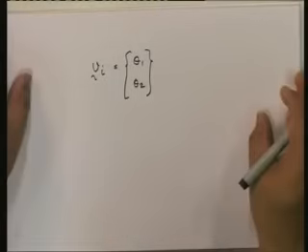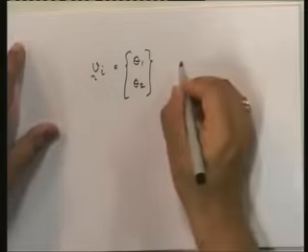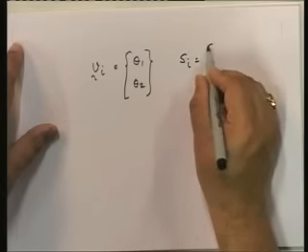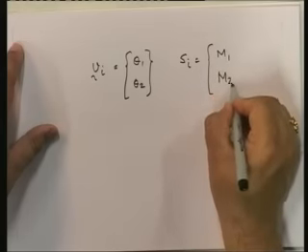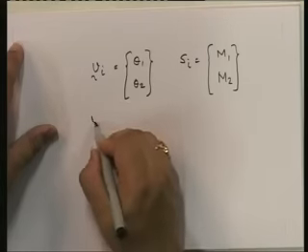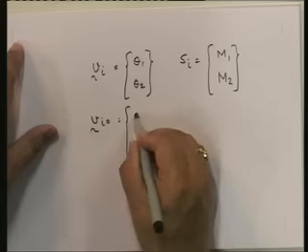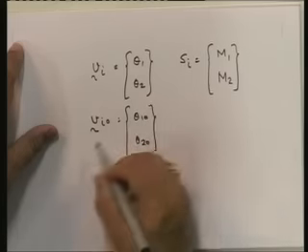I am using the same notation that we are going to be consistently using in this approach. Then what is s? s is equal to M1, M2. What are v0? Theta 1 0, theta 2 0.